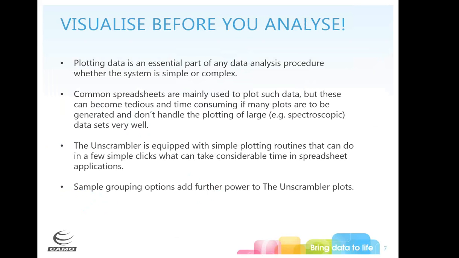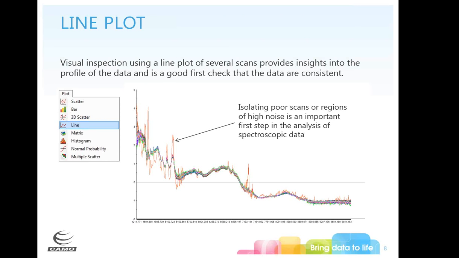So one of the things that we always tell you, and this is especially true with spectroscopic data, is to visualize before you analyze. You don't want to just look at your spreadsheets, you kind of get overwhelmed with that. But if we just do some simple visualizations like a line plot, you can tell very quickly if you have a poor scan.